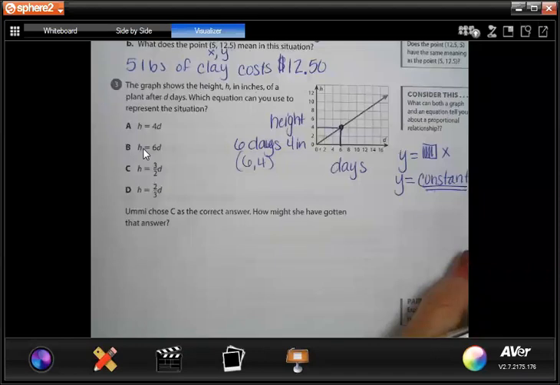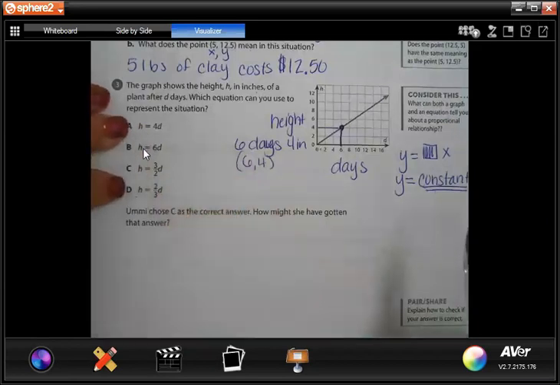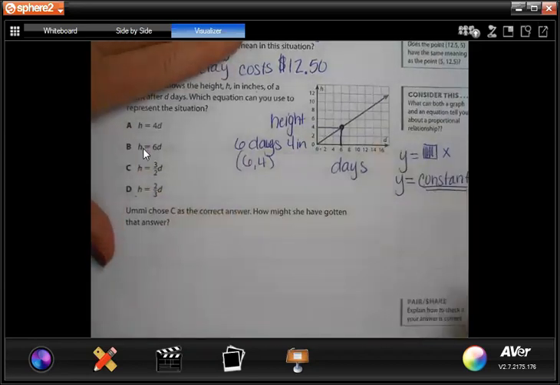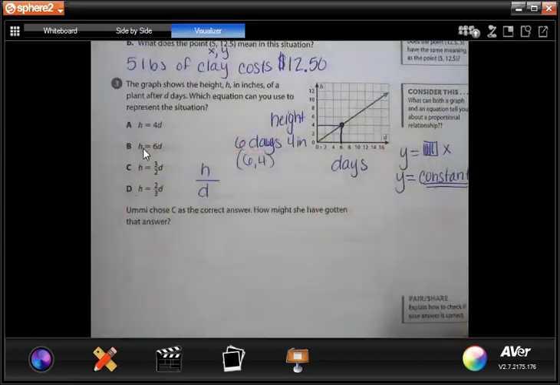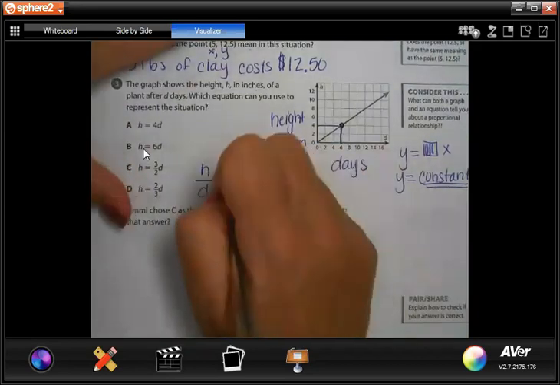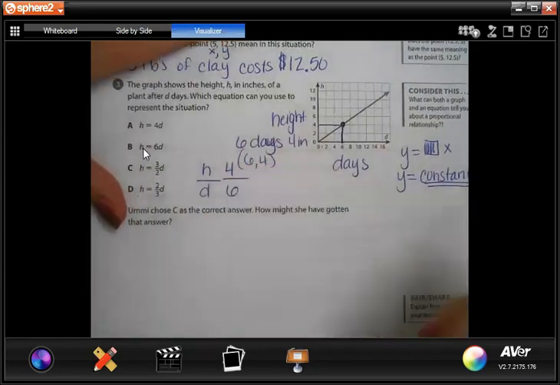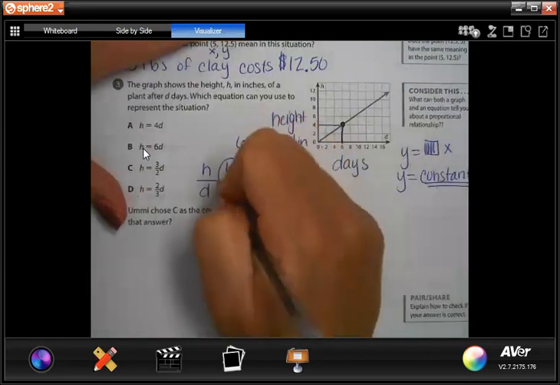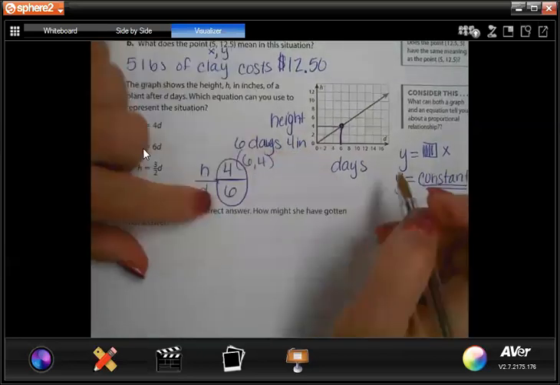Okay. Now, if you look, all of these are solving for height, right? So let's write out a ratio. Height over days. So my height is 4 and my days is 6. There is my ratio. Now remember, what do you do to find the unit rate, aka constant? We would divide these.